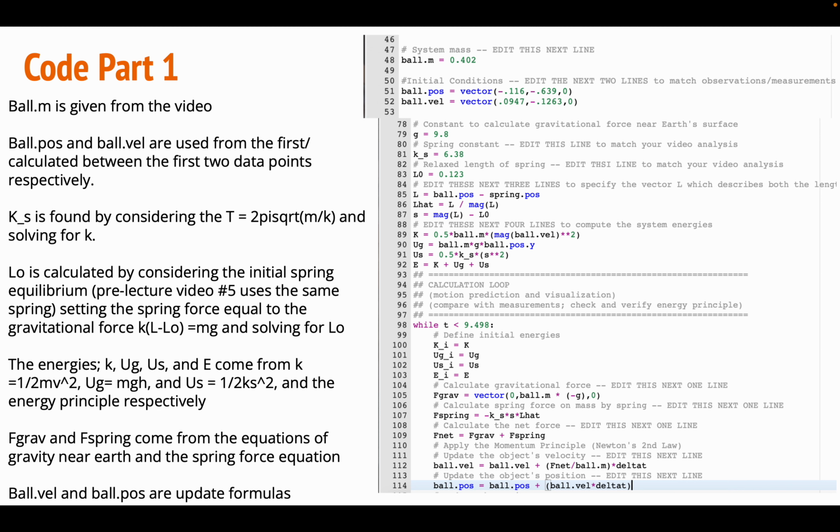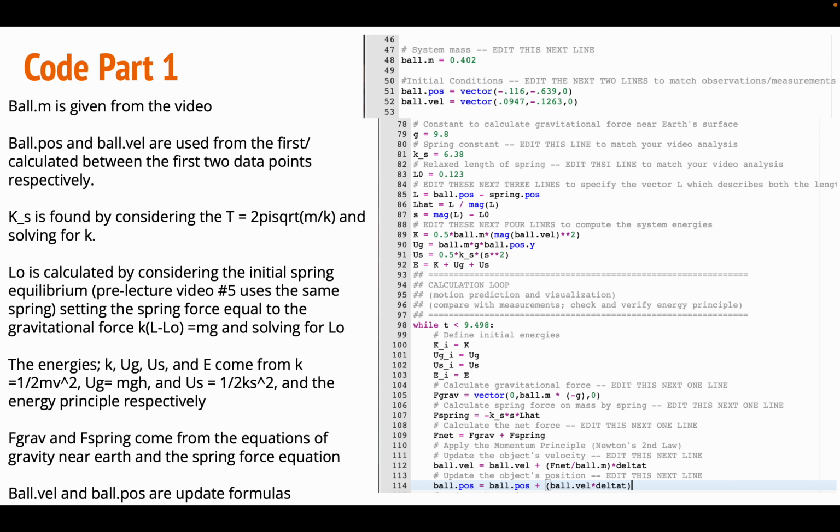L0 is also found when you consider the system in equilibrium, as shown in pre-lecture video number 52, where the spring force equals the gravitational force, and you solve for L0, because that's the same spring.